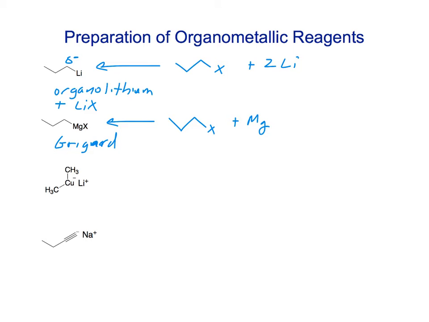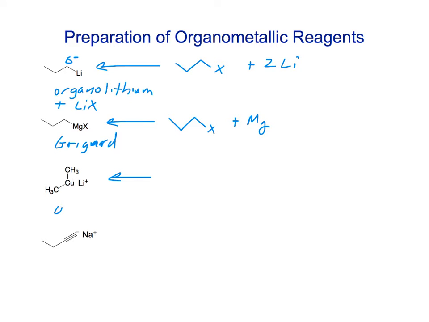Okay? In both of these cases, notice what we're doing is replacing a halide with a metal. So it's sometimes called metal halogen exchange. And both of these, well, let's talk about that in a minute. Okay, so that's how we make those 2.